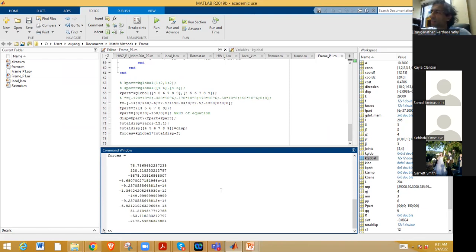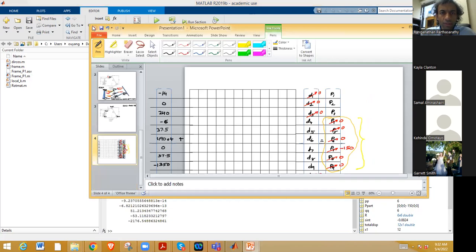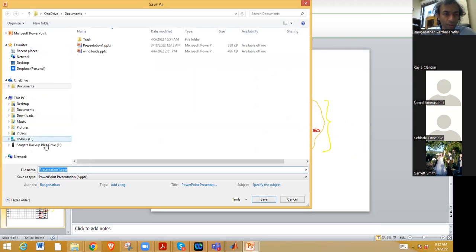Now what we need to check is whether our equilibrium is satisfied first.